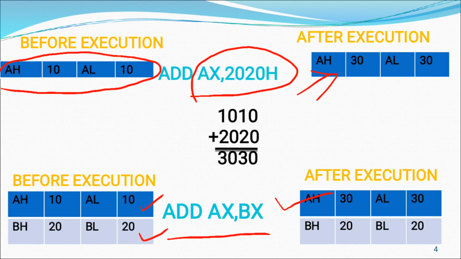The result 3030 is stored in AX after the execution of this instruction, and the BX register remains the same at 2020. In any kind of instruction, the source register cannot be altered after the execution of the instruction. The source register remains the same for all instructions.